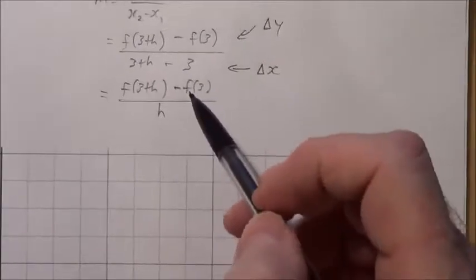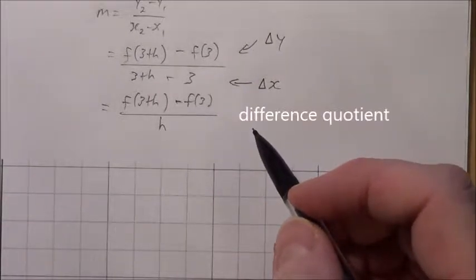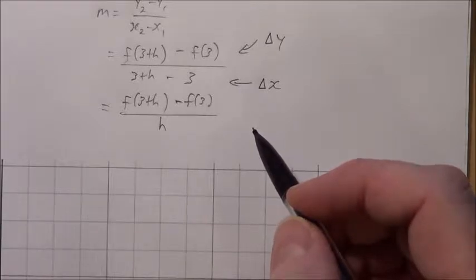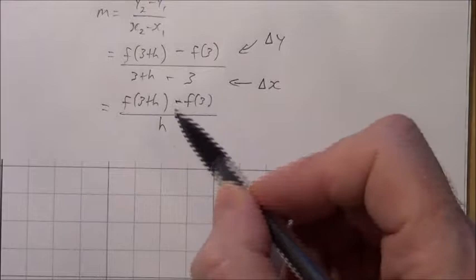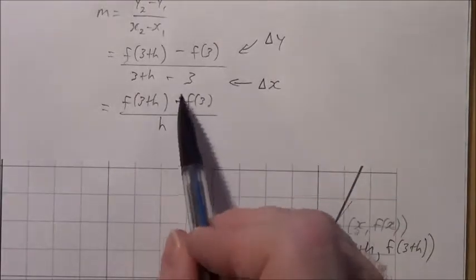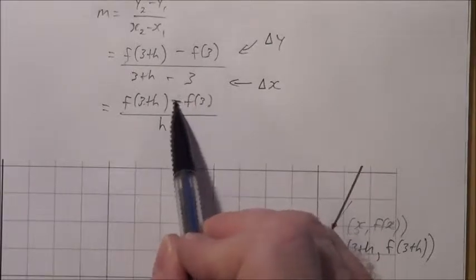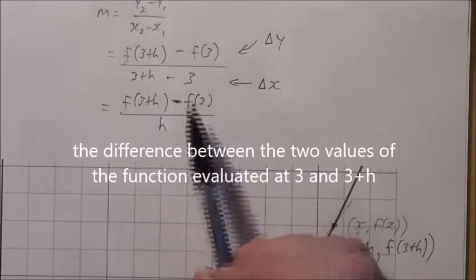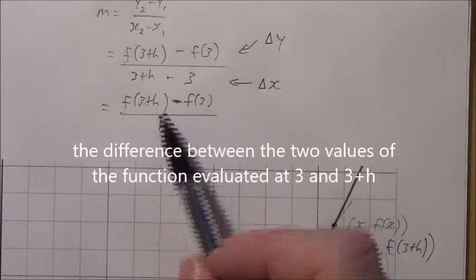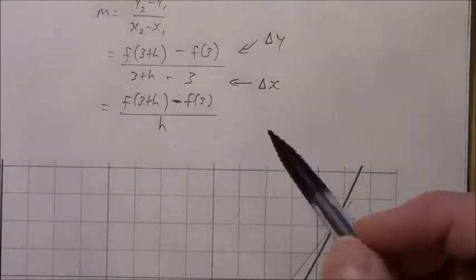This thing that we're working with right now is called the difference quotient. It's a quotient, the division between two functions, which is a rational function, and the difference is right here, the subtraction in the numerator. So it's the difference between these two function values, divided by this value of h, which forms the quotient part.